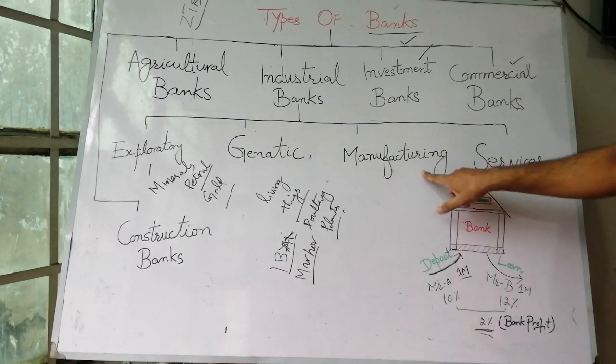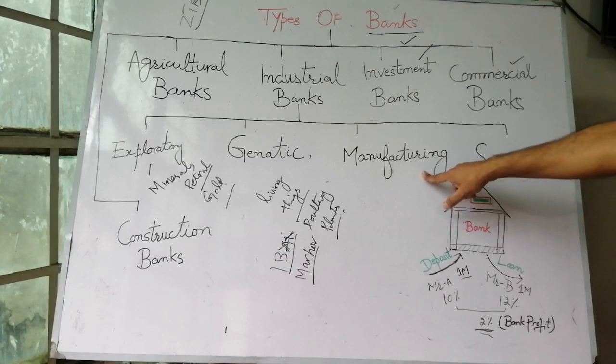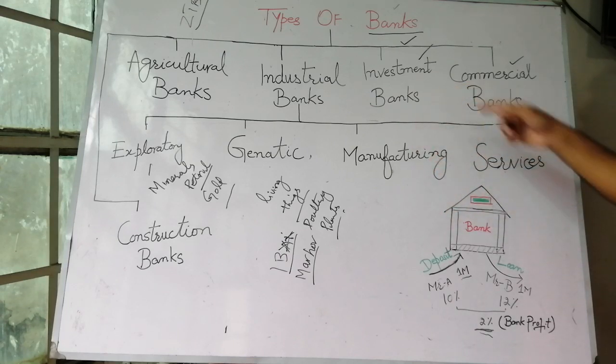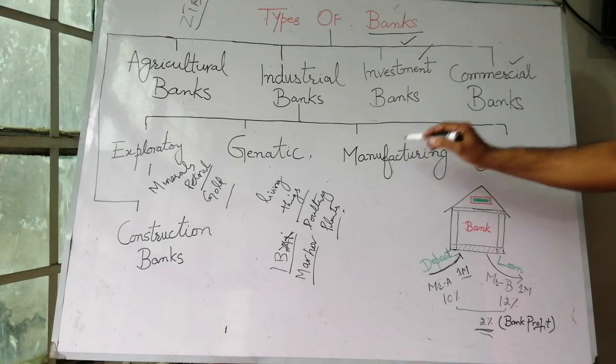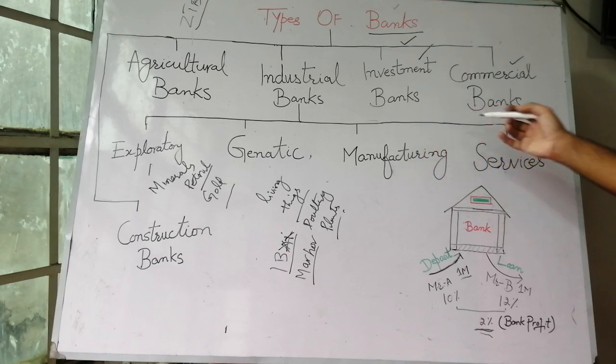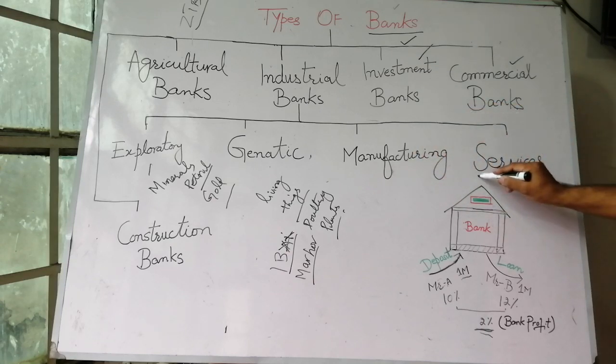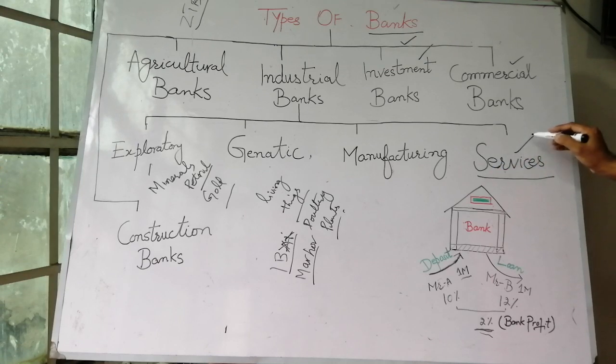Then manufacturing, which takes raw material and converts it into finished goods. These are all manufacturing industries, such as shoes, textile, and other things. Services, like education, hospitals, lawyers, these types of sectors are known as service industries.